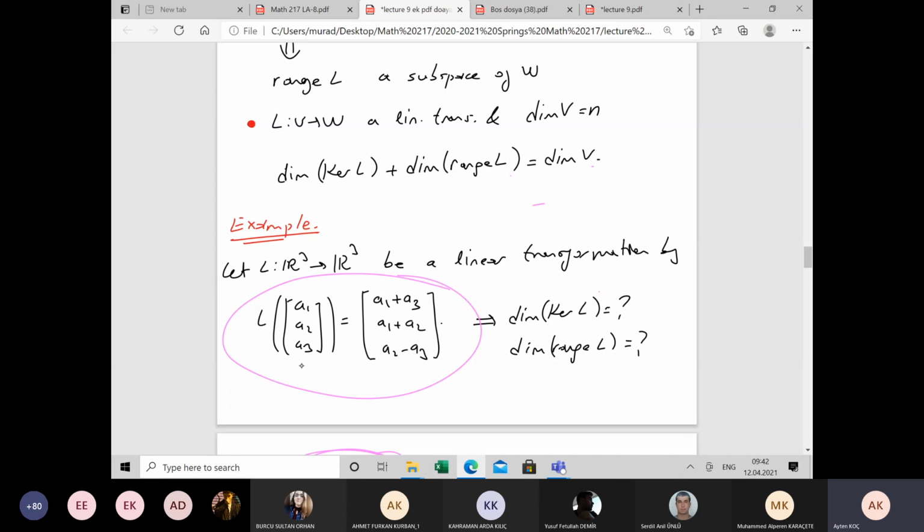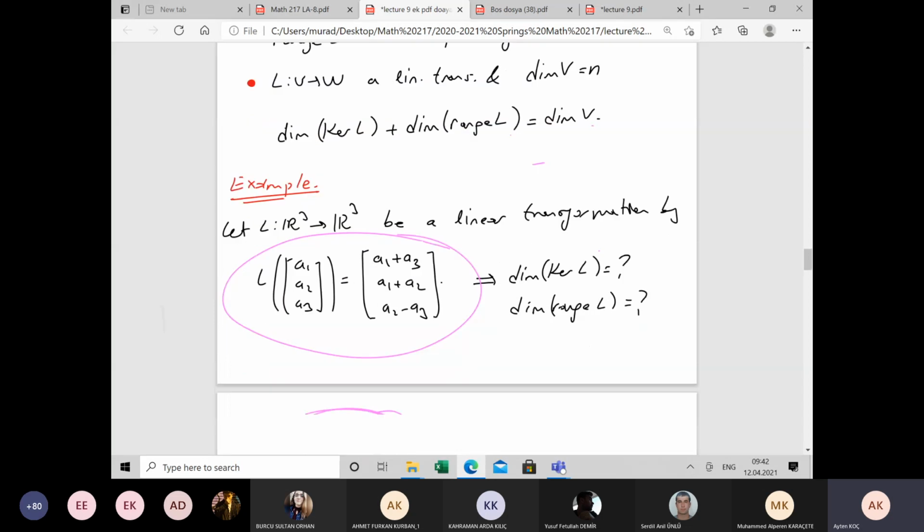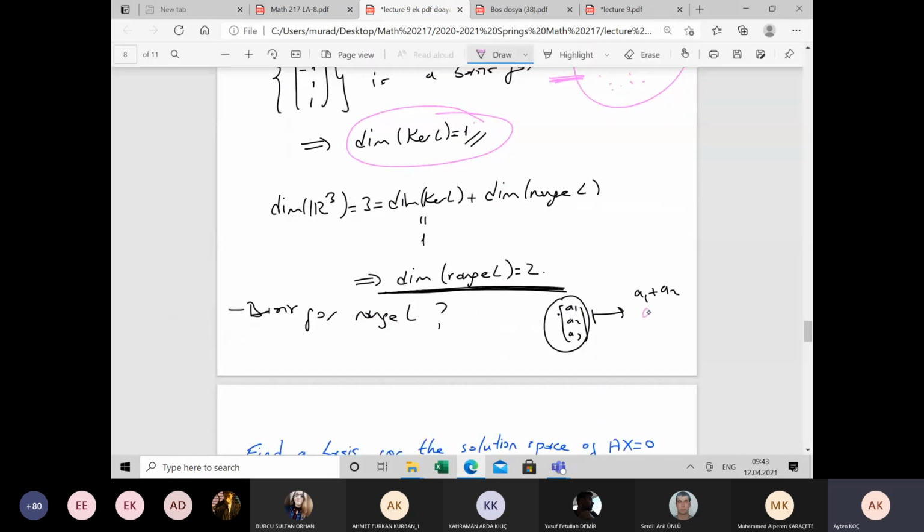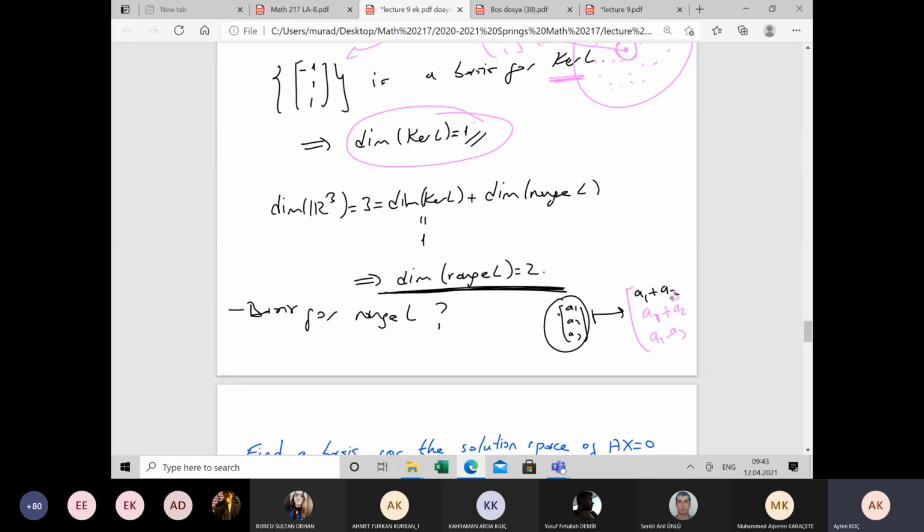So look at this: the range of L consists of vectors of the form a sub 1 plus a sub 3, a sub 2, a sub 2 minus a sub 3. This one is in the range of L.